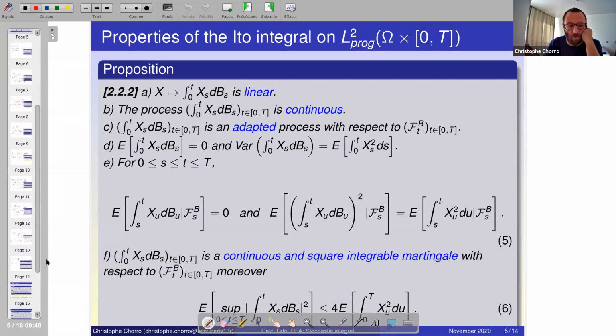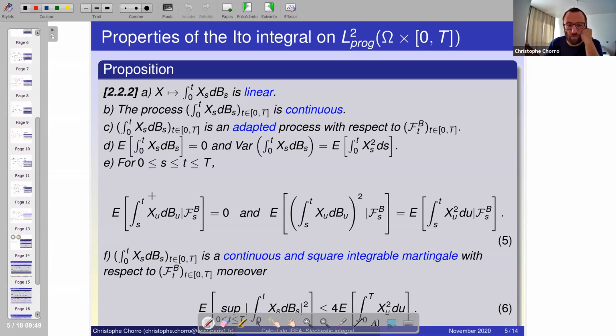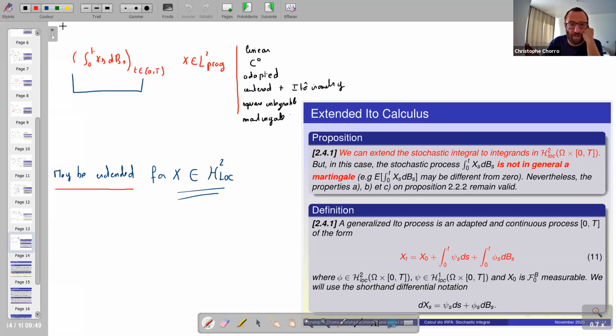In the case of the extension that I suppose to be possible here, the only properties that will be fulfilled by this extension will be very few. I will have the linearity, I will have the continuity, I will have the fact that I am adapted to the Brownian filtration, but I won't have the fact that I am centered.